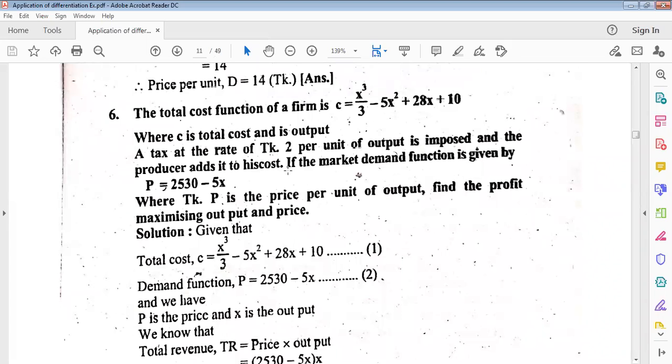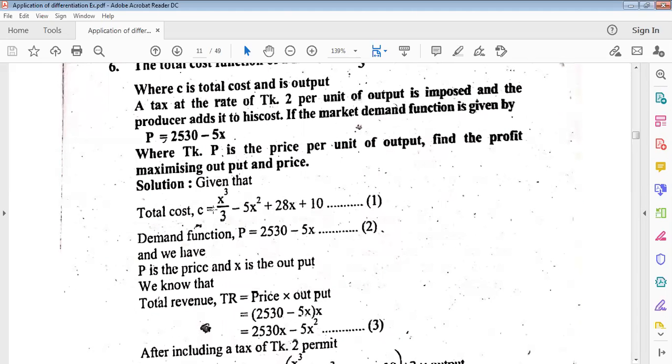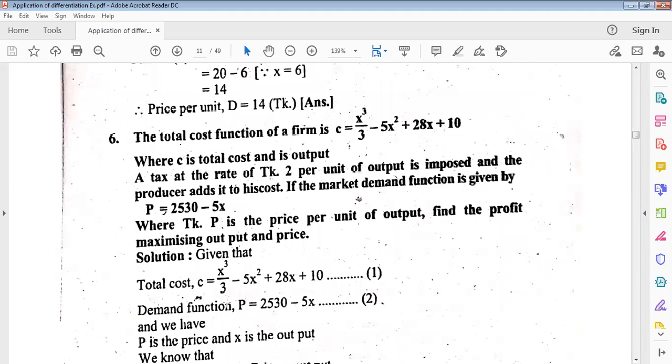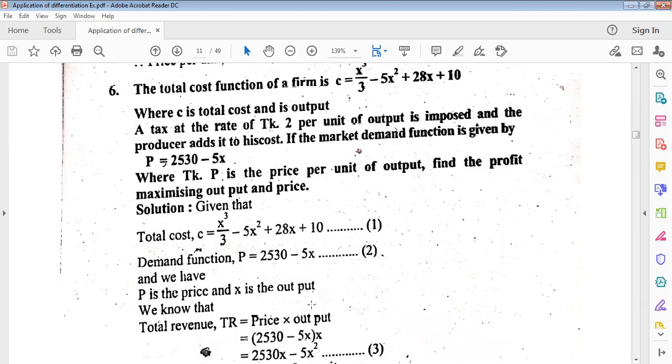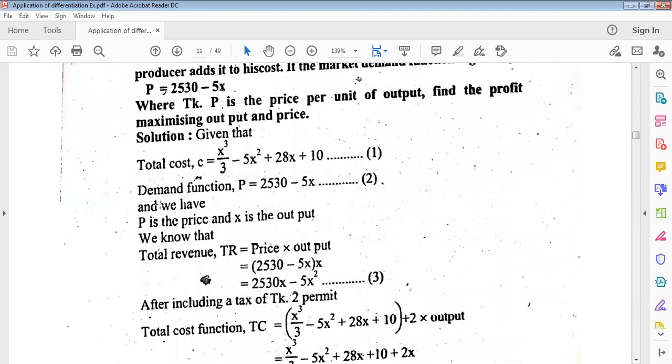If the market demand function is given by p equals this, where p is the price per unit of output, find the profit maximizing output and price. The given cost function is C equals x cube by 3 minus 5x square plus 28x plus 10, equation number 1, and the demand function p equals this, equation number 2. Now p is the price and x is the number of units.